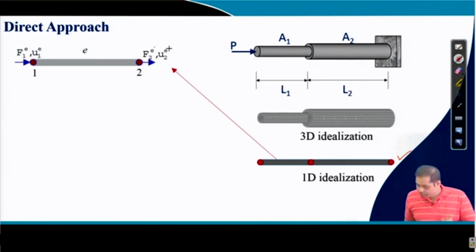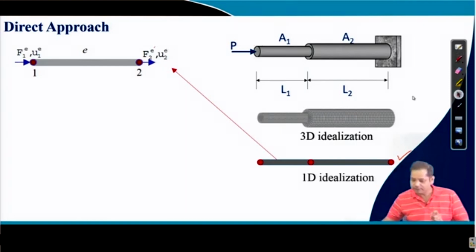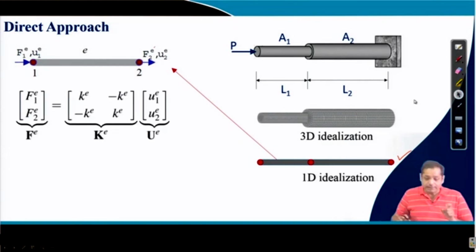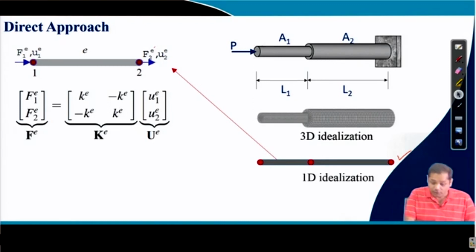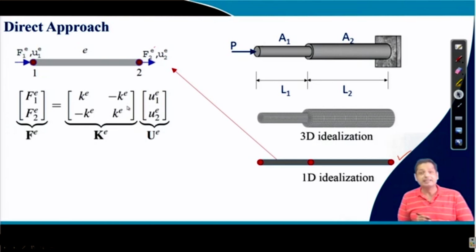We have also seen in the last class that this is the element level formulation. Element level formulation means this is how the forces and the displacements at the element level are related to each other, and this is called the element stiffness matrix. Ke is the element stiffness matrix, Fe is the element force vector, and Ue is the element level displacement vector.